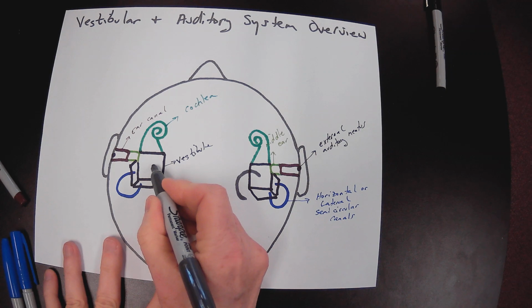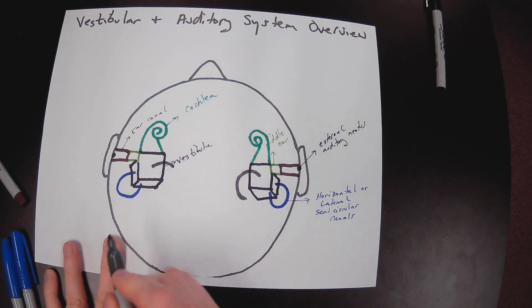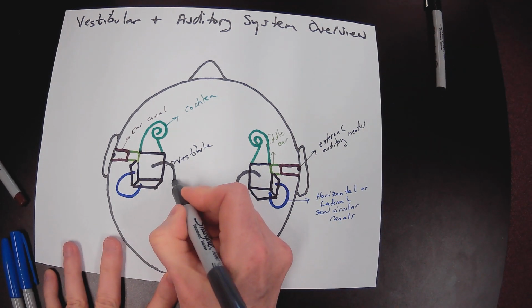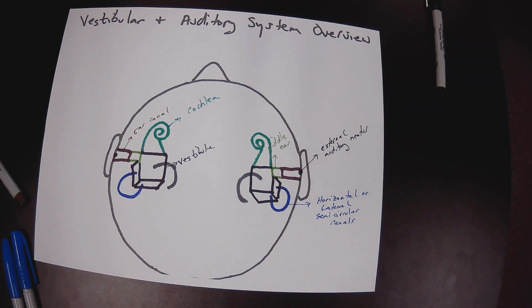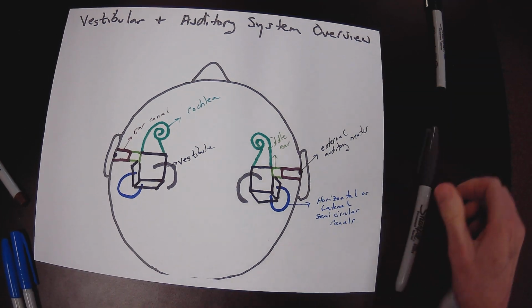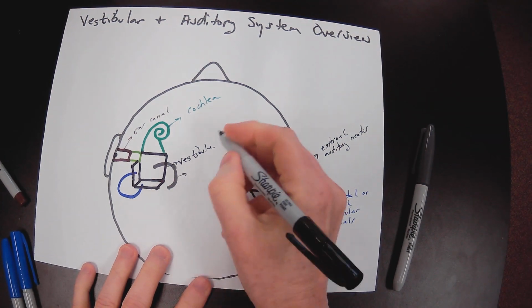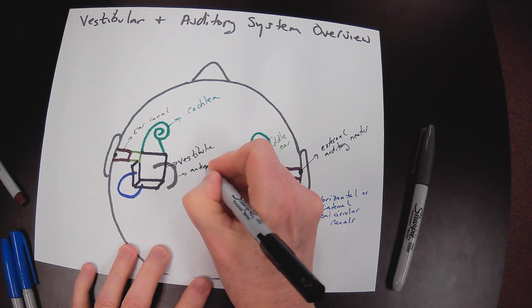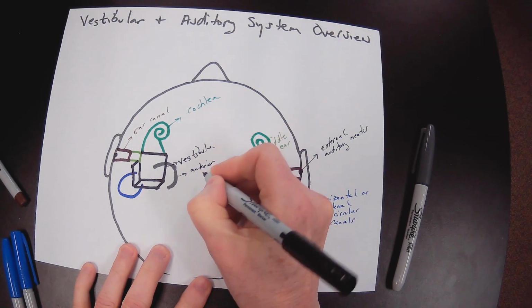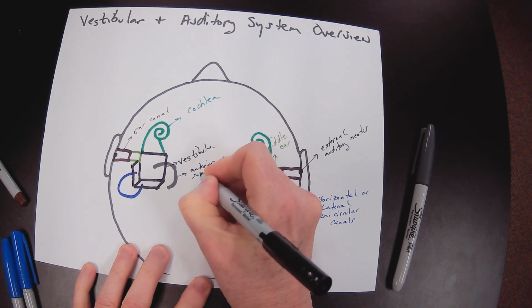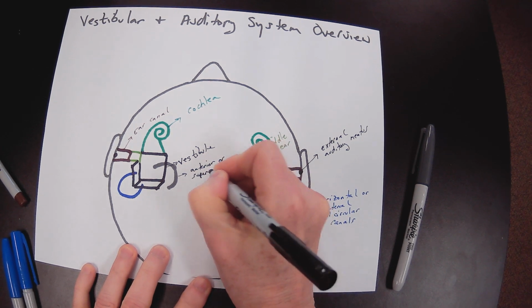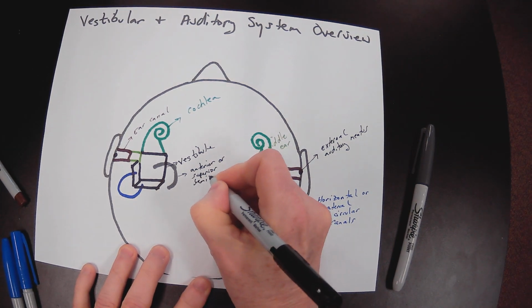Okay, so coming off the top of the box, it itself isn't going to connect to anything yet. And this one is going to be your superior or anterior semicircular canal.